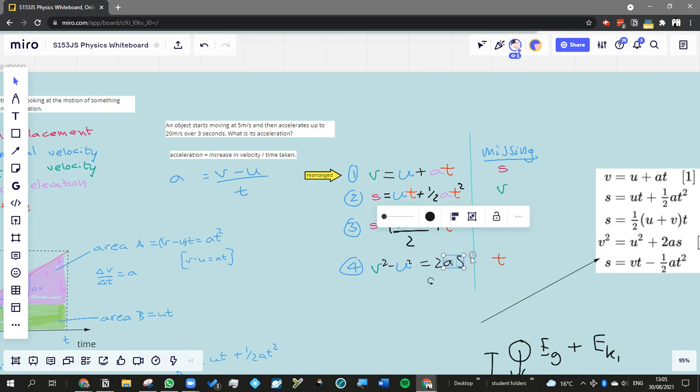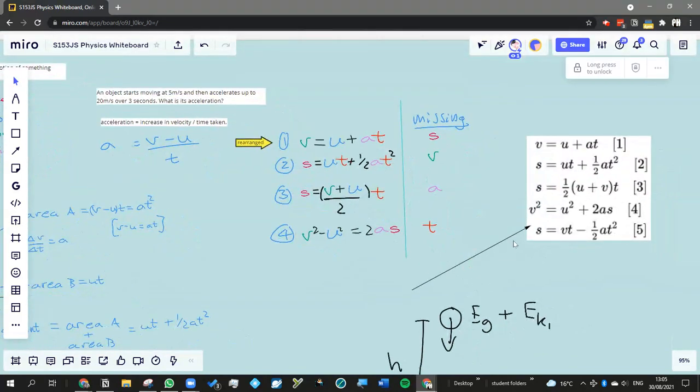I've color coded them just so we can see that we're using all the different variables in the equations. Apart from one, each equation is missing one variable. So the first one is missing the displacement, the second one is missing velocity, the third one is missing acceleration, the fourth one's missing time, and sometimes you have this fifth one, and that will be missing the initial velocity.